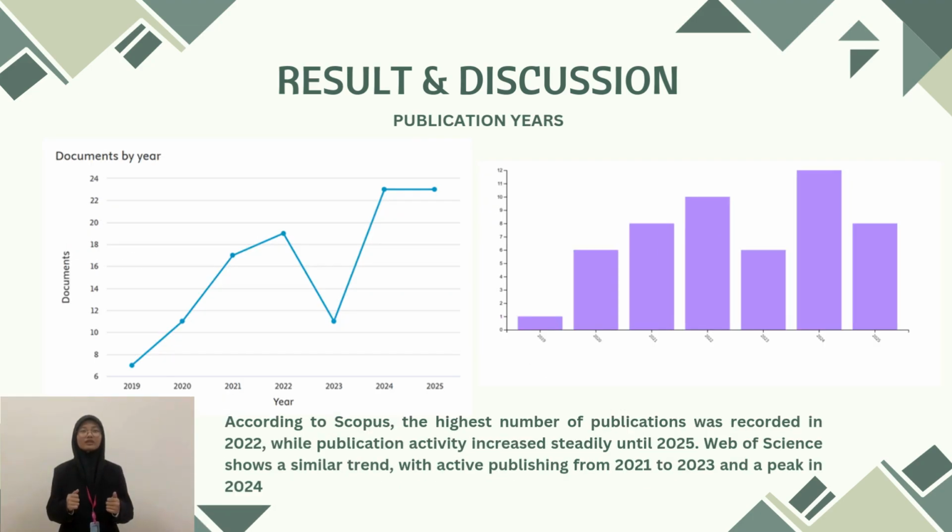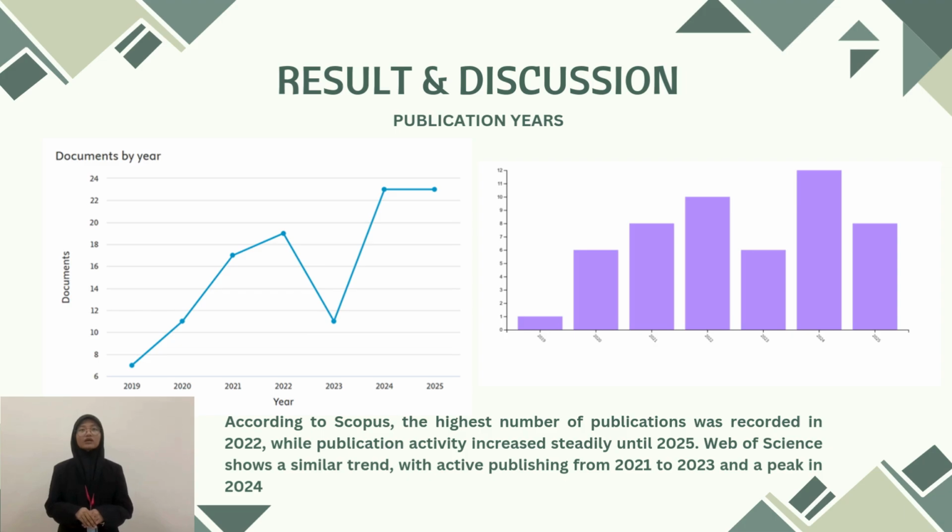Now we move to the popular publication year. From Scopus, the most popular publication year is 2022 with 19 documents, and 2024 and 2025 with Scopus publishing 23 documents in each. This graph shows that from 2021, Scopus published documents actively until 2025.